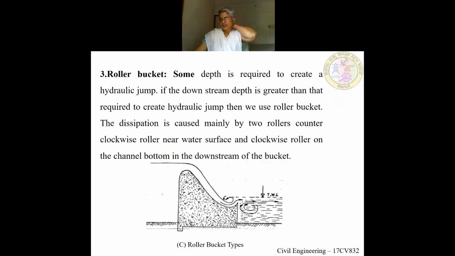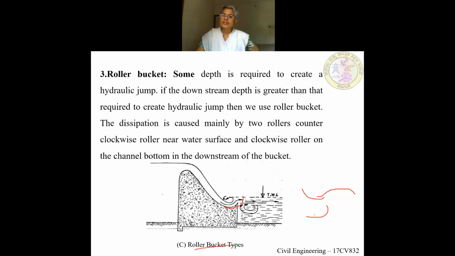See, when the tailwater level is high, here the level is high, so you cannot create a jump. So here some more depth is provided. There the shape is something like this, so the water will jump, whereas here the shape is like this in case of roller bucket, because there is water above, the tailwater level is high.